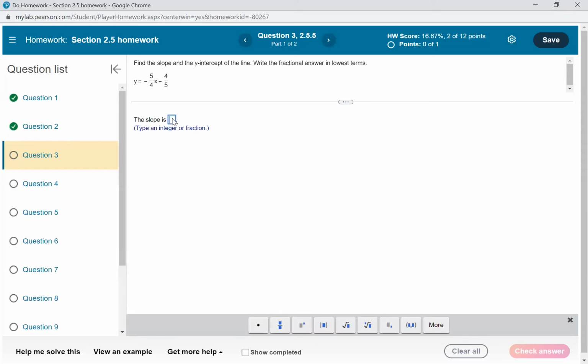All right, y'all. So the slope of this line would be what? All right, so I'm going to go with that -5/4.